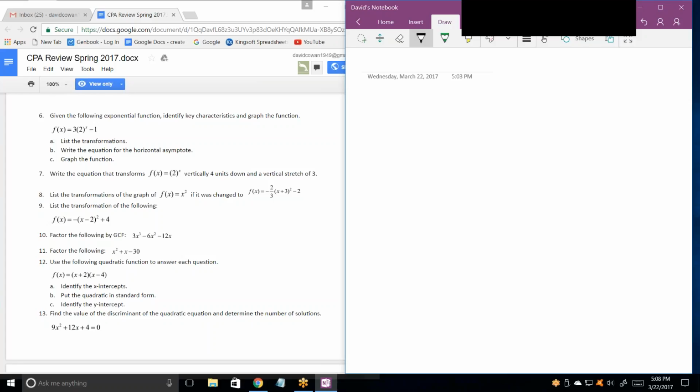So list the transformations in this function here. In fact, I'm tempted to go on because I think you know these pretty good. What's this minus? It's a reflection on the x-axis. What's this minus 2? The minus 2 is a horizontal shift left 2.